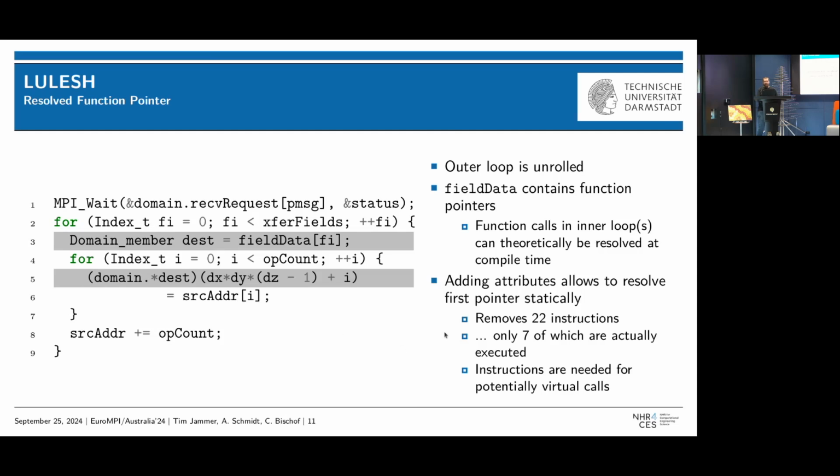In this case, it actually removes a lot of instructions. Most of the instructions are not necessary in the first place. They are needed to deal with the possibility of some virtual calls. So the amount of instructions that we see in the binary in this case decreases by a lot, because the compiler can replace a lot of instructions necessary to deal with this indirect call by just plugging in the direct call here.